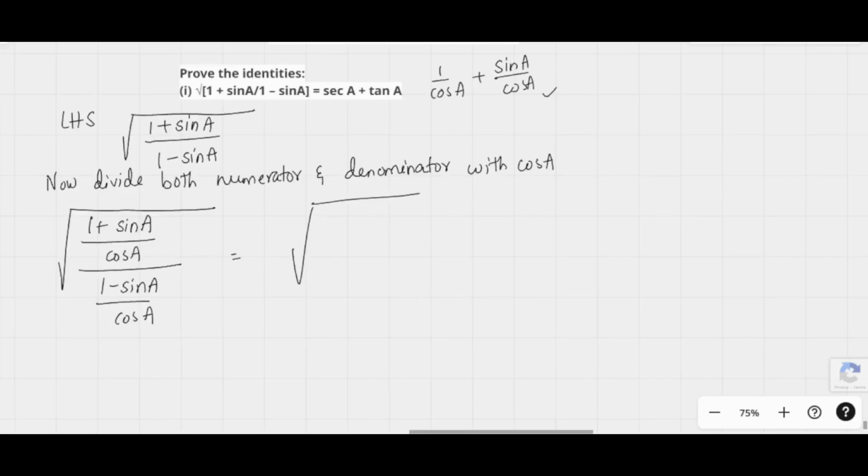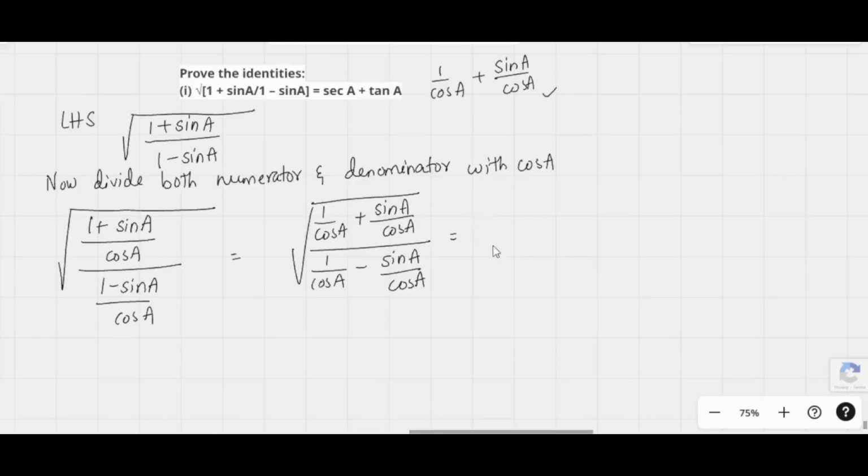Root of 1 by cos A plus sine A by cos A divided by 1 by cos A minus sine A by cos A. Okay, I'm dividing it separately to get my terms separately. Here all the terms are separate, no? So we also have to divide it separately.